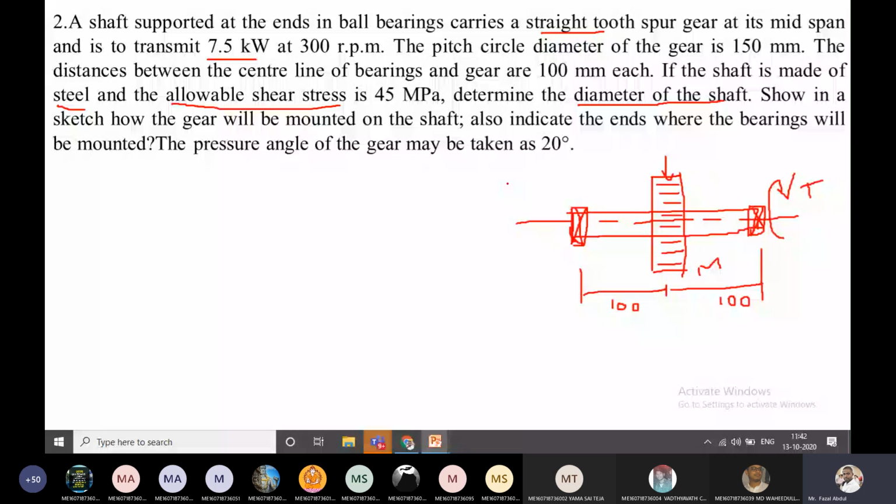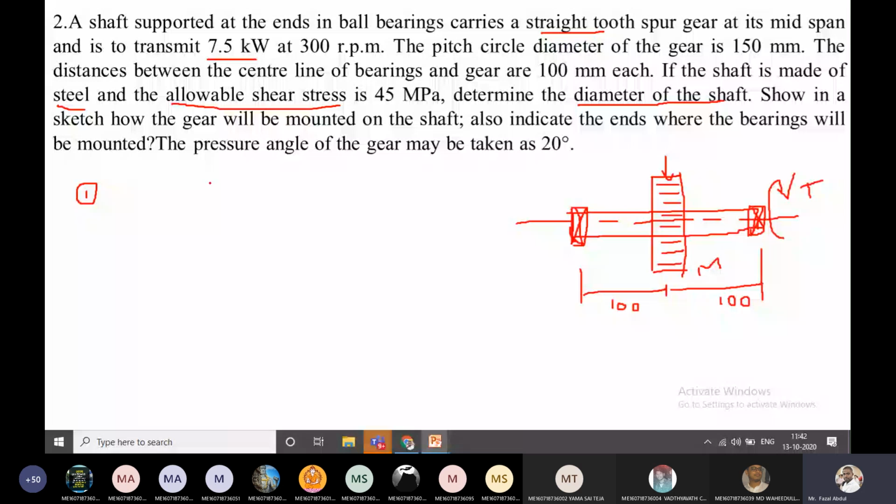So first I will calculate according to the shear stress theory. You people solve this same problem with the help of the maximum principal stress theory. That is the first theory; I am using the second theory. So what is the second theory?